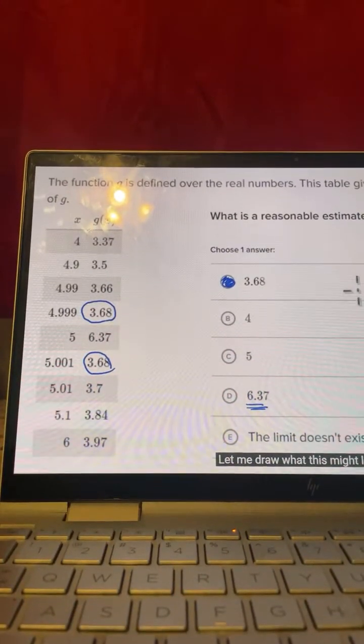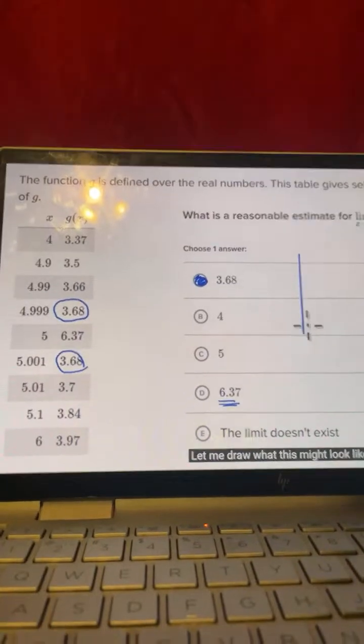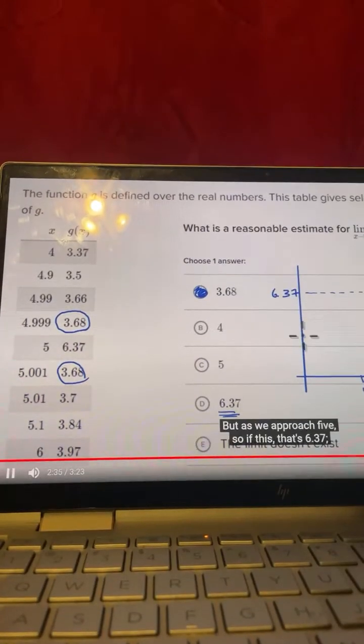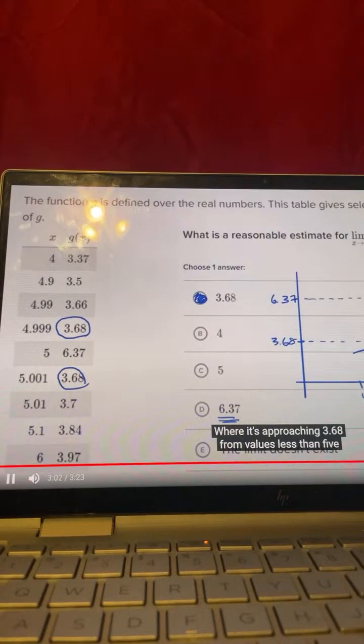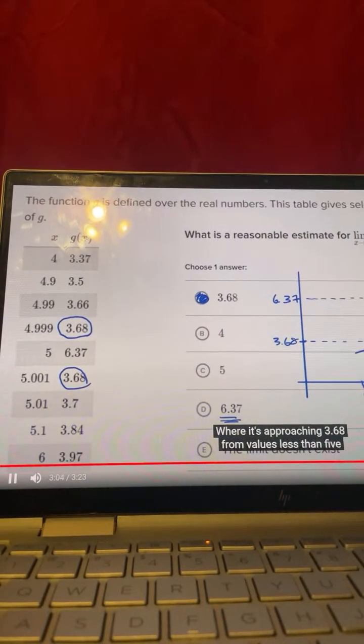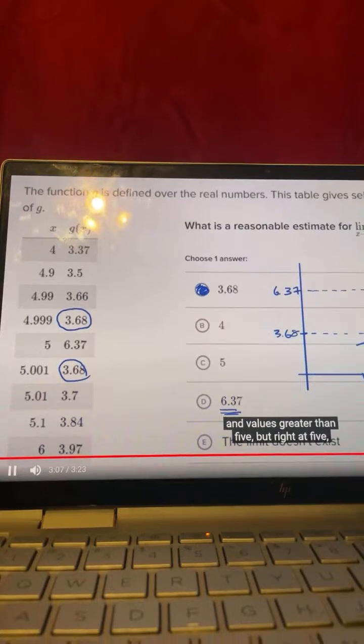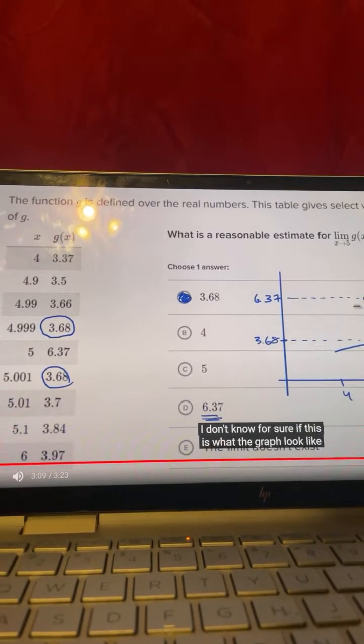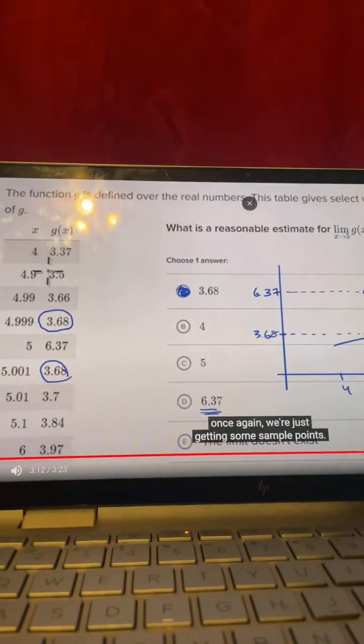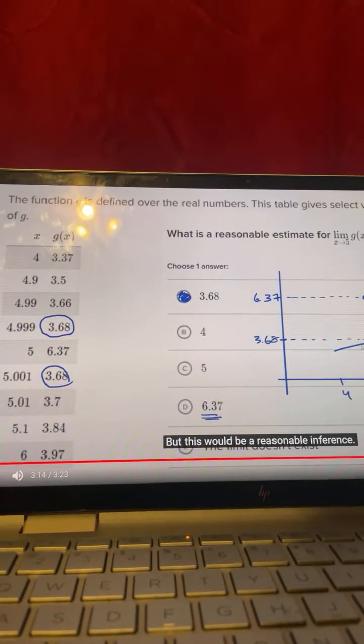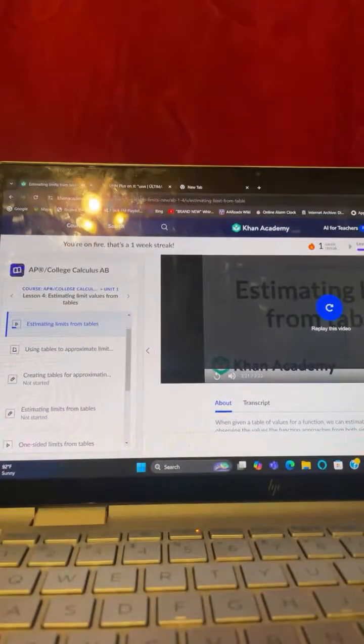It could be 6.37, but we're not sure. This could be this, and this could be that. And while it looks like this is the real value, we're looking at the limits, not the real value. Okay.